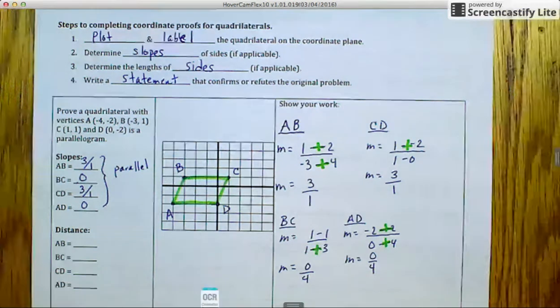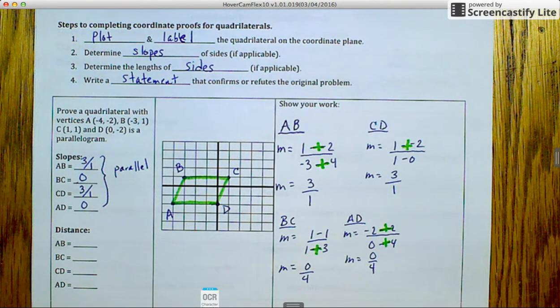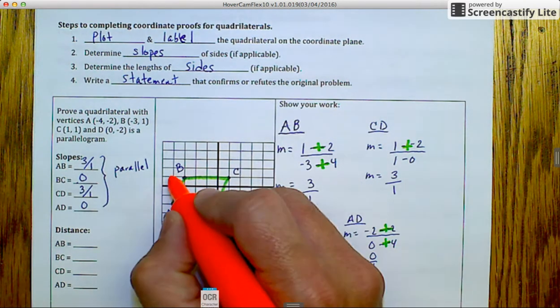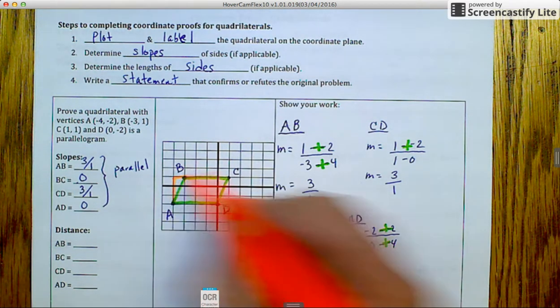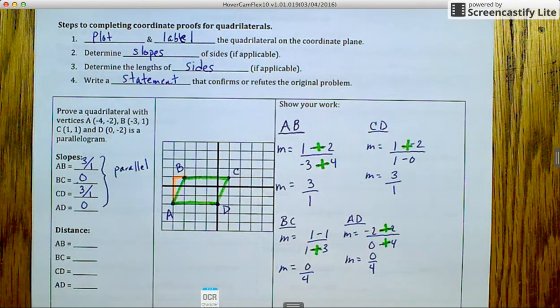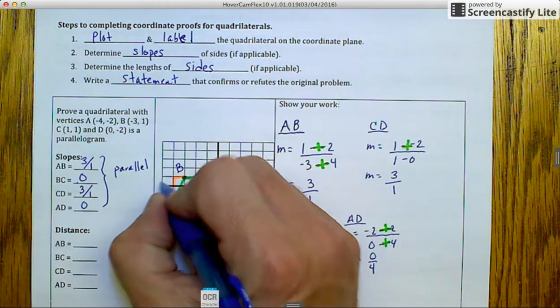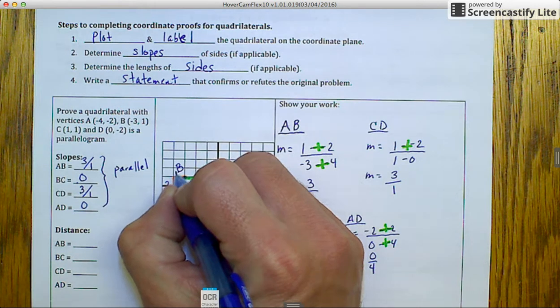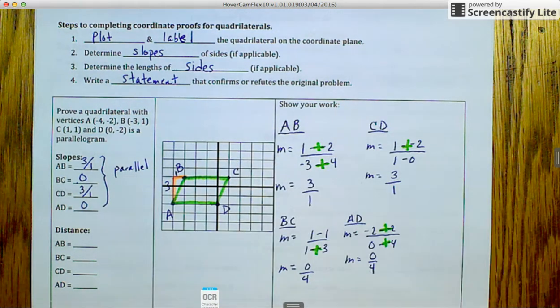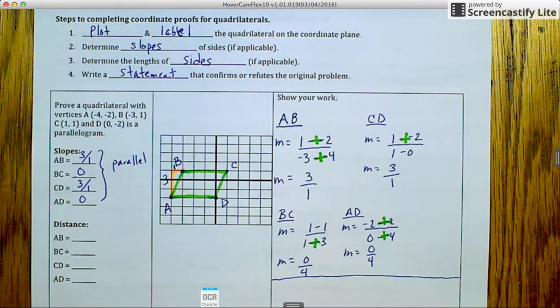And the distance, if you remember, we did Pythagorean theorem. So for the Pythagorean theorem, you could use your slope triangle. You could also use your slope triangle for your slopes. 3 units up, 1 unit over. So draw a little line down here. Let's slide this up.